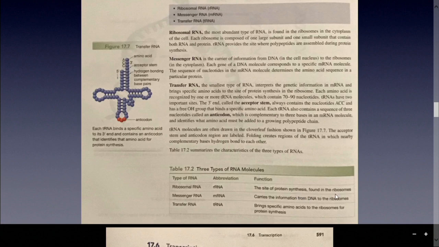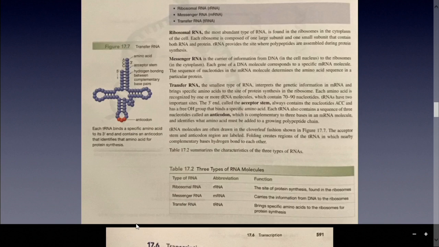So the ribosome, you have to remember, is made up of ribosomal RNA and proteins. The messenger RNA is going to carry the information from the DNA to the ribosomes. The process is called transcription, and the molecule is called a transcript, an mRNA transcript.